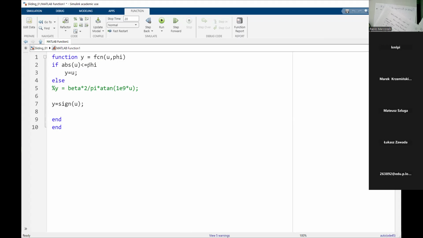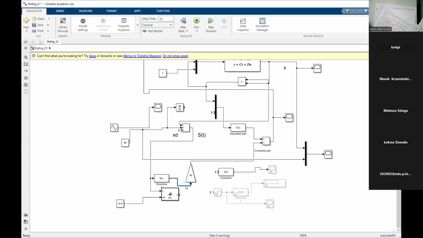Basically, inside phi, which I can define as I want, we have basically a linear function. And outside the sign, let me show you if this can improve. In order to have also this concept.